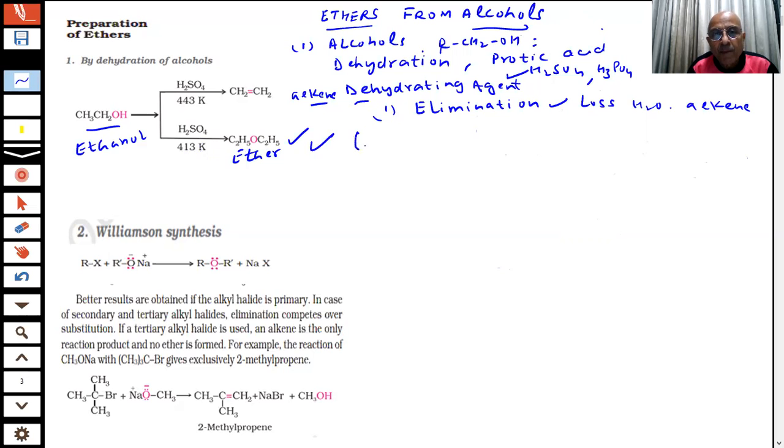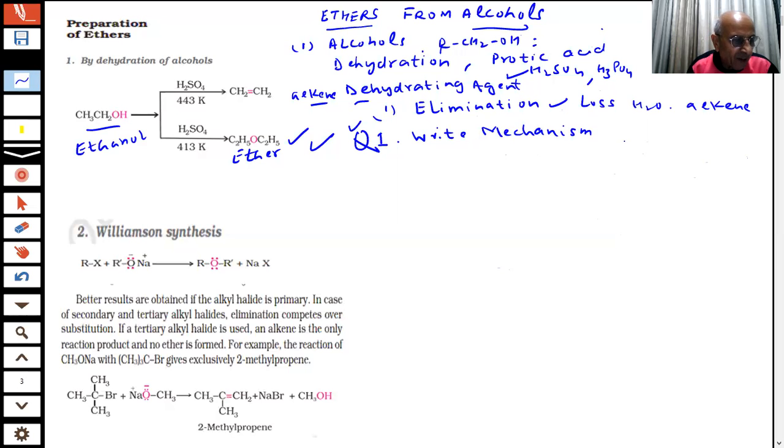Students, this is an important question that has been asked in the paper. I begin with the first question on ether. This was asked 2 years back also. The question says, write the mechanism. You should be able to note down everything because this is a very important question and can be asked again.